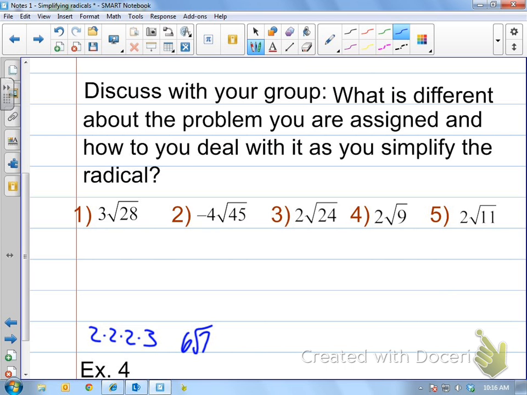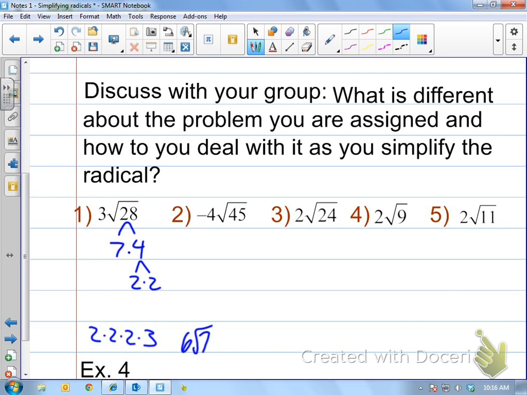Okay. So our first step said to find the prime factorization of the number under the square root. So we only want to do the prime factorization of 28. So what are 2 numbers that multiply to be 28? 7 times 4. And then 4 will be 2 times 2.